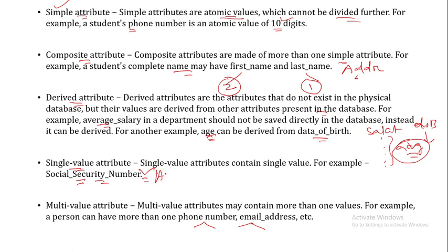He will have only one Aadhaar number and one PAN number. He cannot have multiple PAN IDs. But a person can have multiple mobile numbers, multiple email IDs, multiple bank accounts. All these things he can have, but he doesn't have more than one Aadhaar ID, social security number, or PAN number. These are single valued attributes.